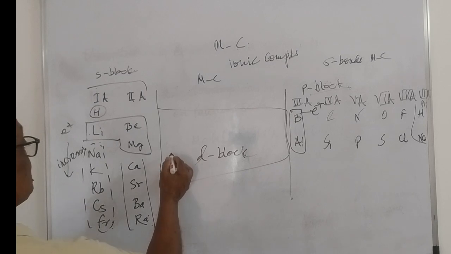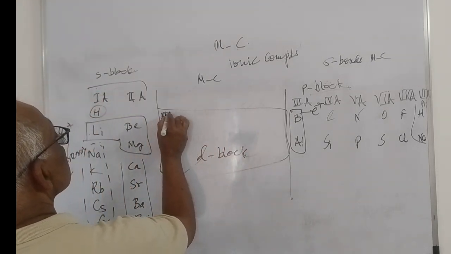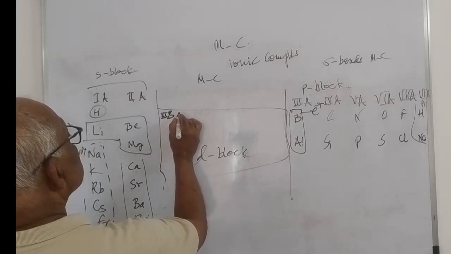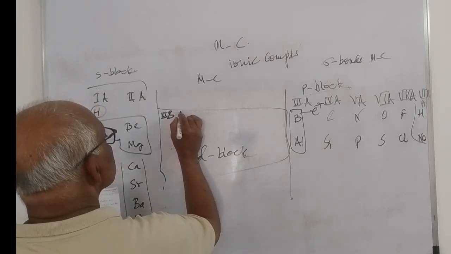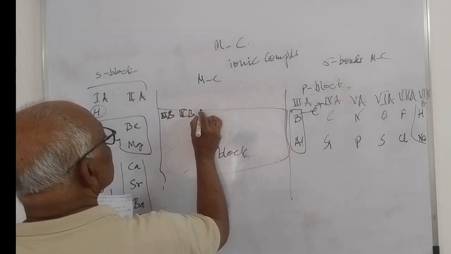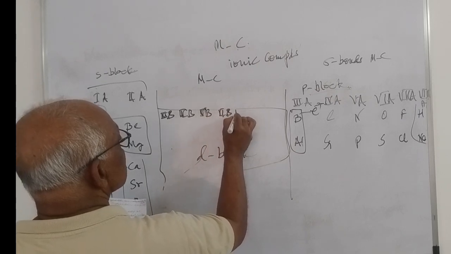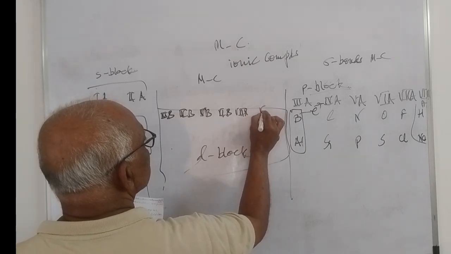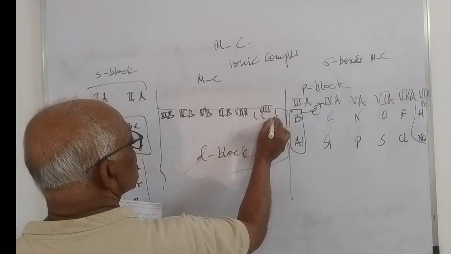Then there is the D block. So this D block is ranging from third B, first B, then third B, fourth B, fifth B, sixth B, seventh B, and the eighth group. And there are 3 subsections in this group.